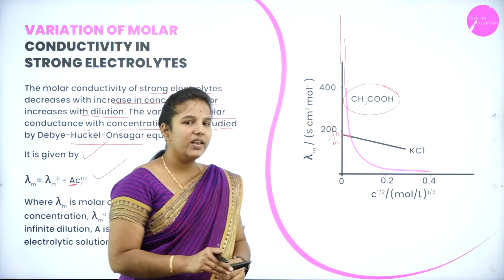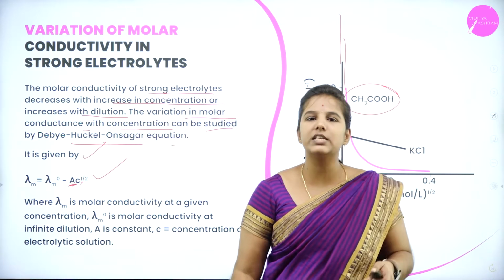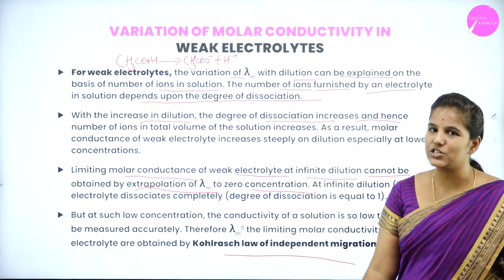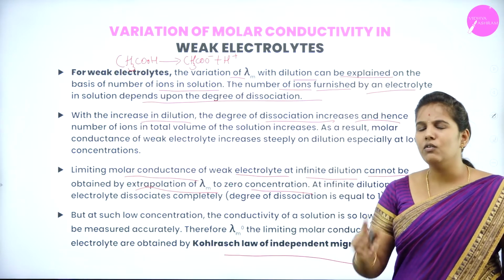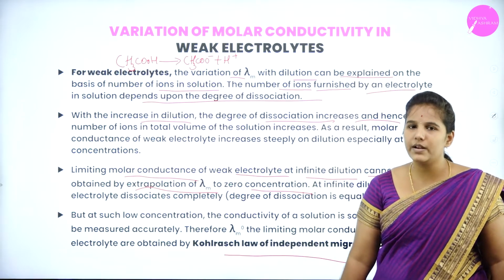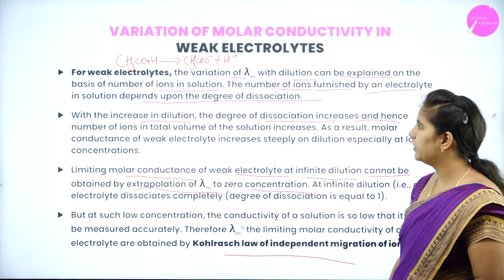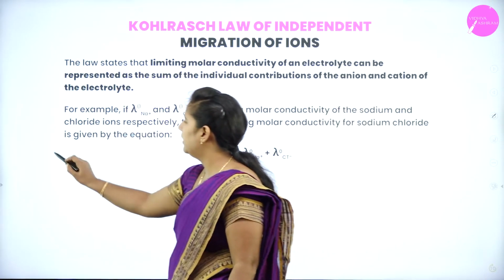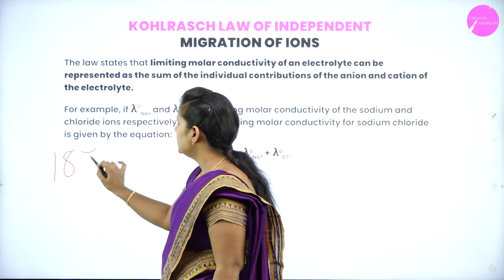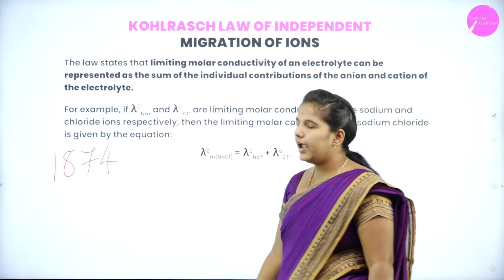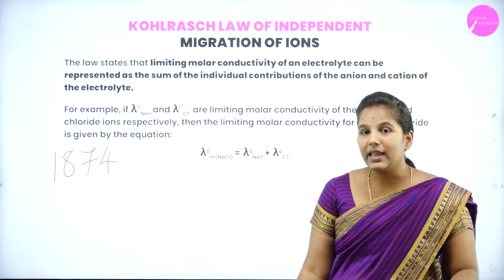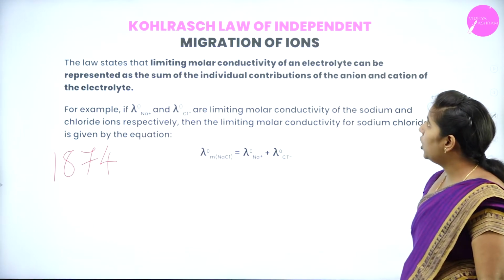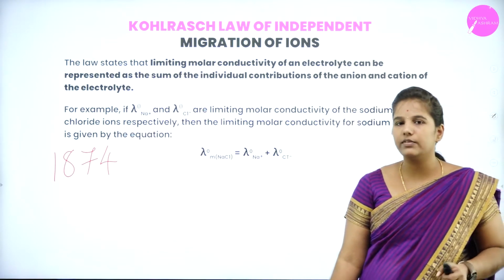That is why we are using another new terminology, Kohlrausch's law of independent migration of the ions. Let's see what this law is now. Kohlrausch was one of the scientists who, in the year 1874, formulated the law of independent migration of the ions.